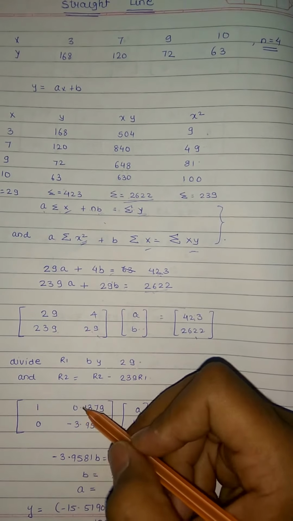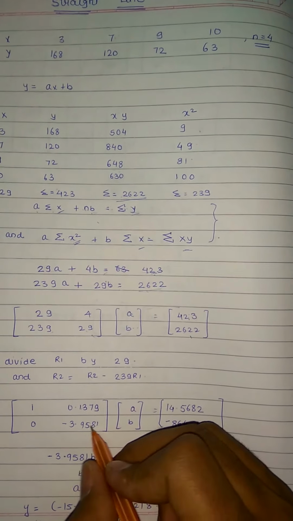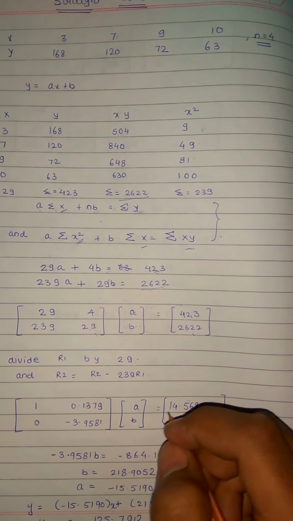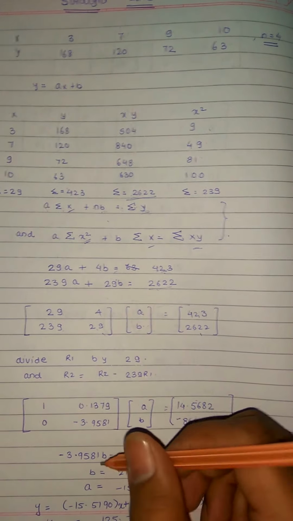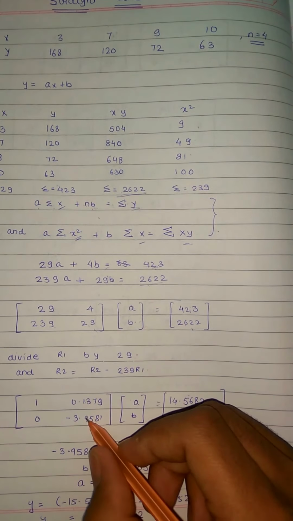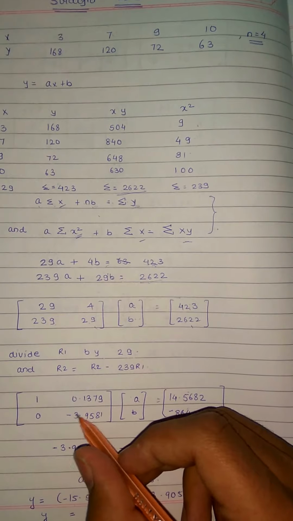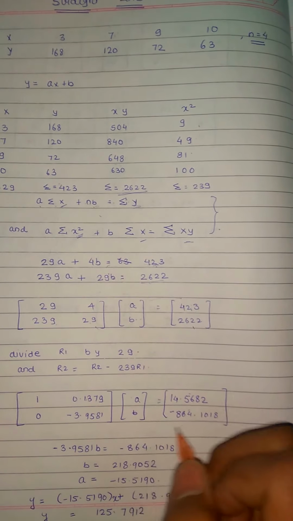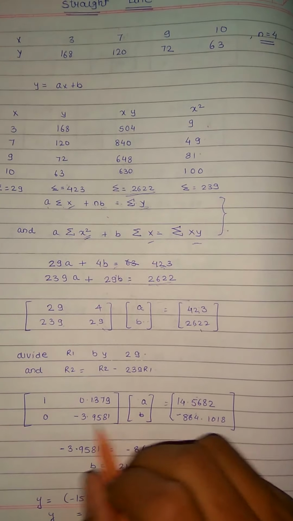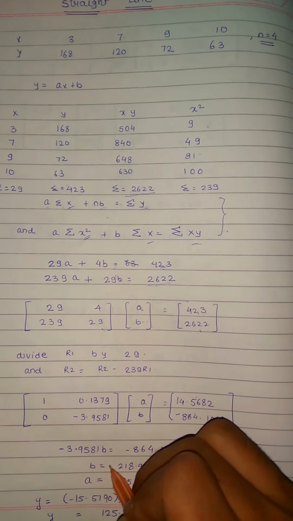So 1 0 0.1379 minus 3.9581, a b, and you will be getting some values on the other side of the equation. Next, as usual, solving them for b. So minus 3.9581 into b is equal to minus 864.1018. Both the negative signs will be gone and we'll be getting b.